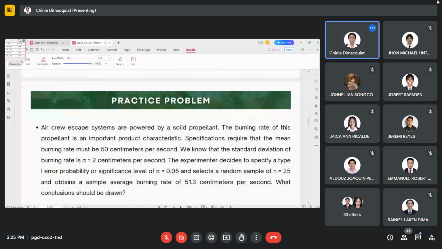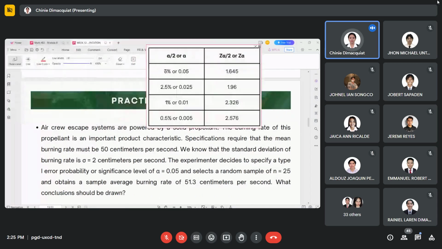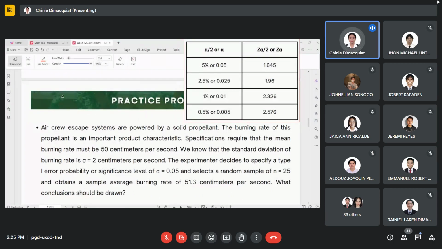Ayan. And ito yung ating table. Then, ilista na rin natin yung ating mga step, para may reference din kayo.